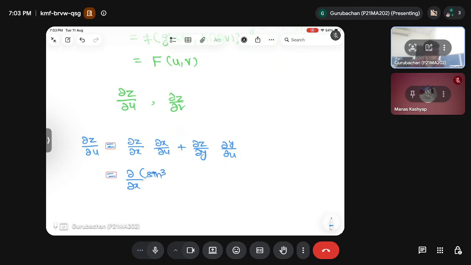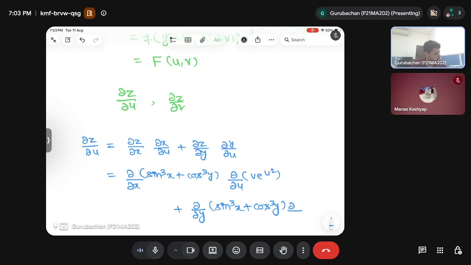Del by del u of sine cube x plus cos cube y. What is the value of x? It is v e to the power u square, plus del by del y of sine cube x plus cos cube y, del by del u of u e to the power v square.